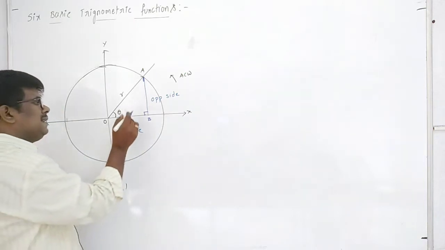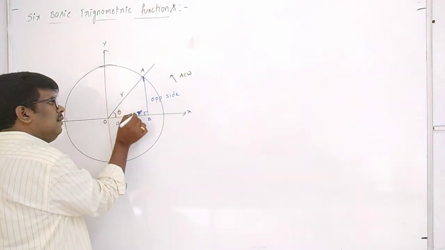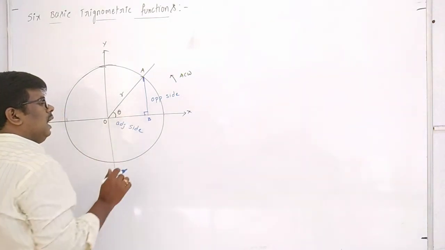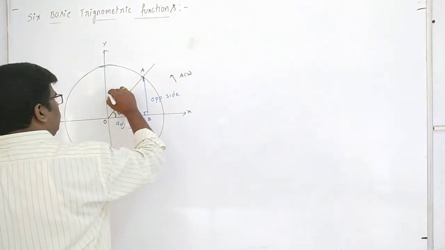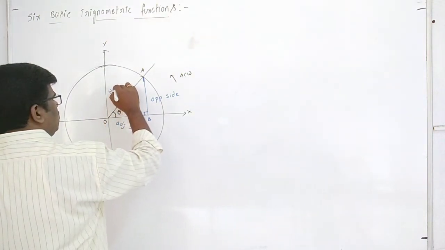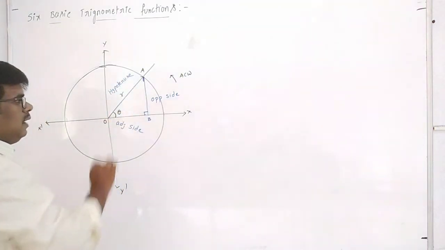And the side which is exactly opposite to the 90 degrees is called the hypotenuse. Like this we have this triangle.